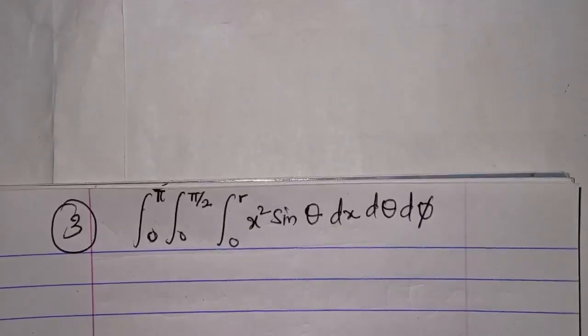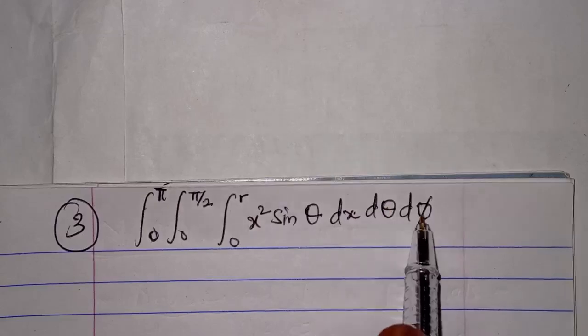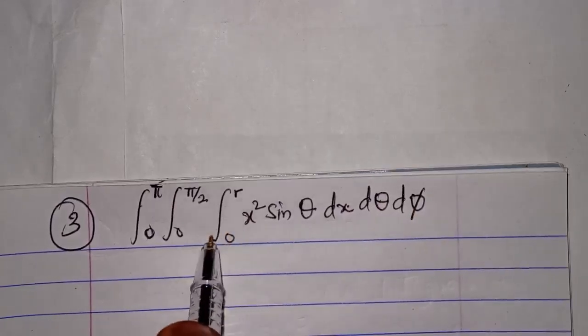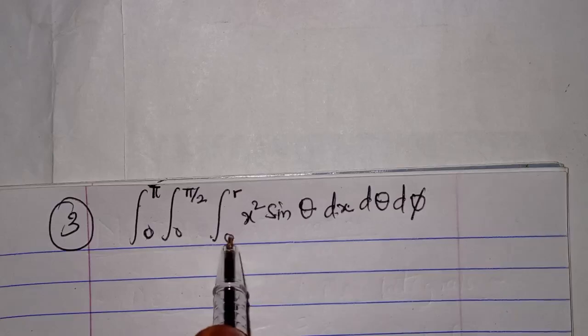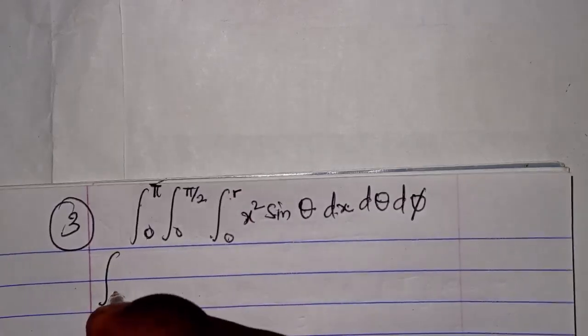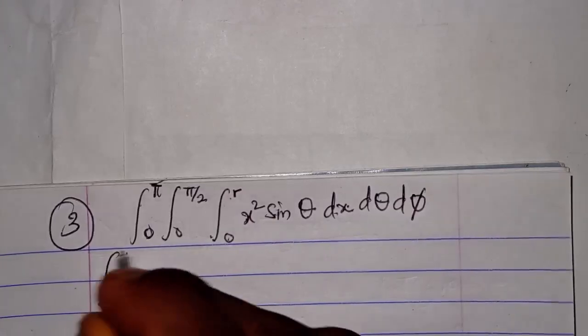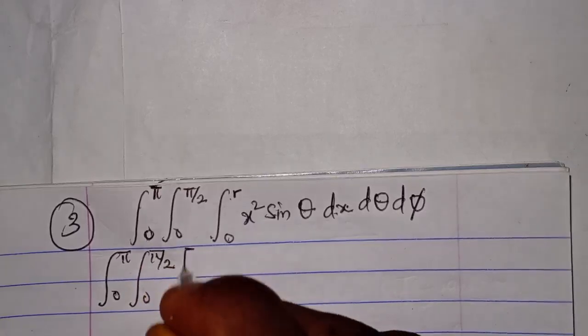Consider this triple integral. Okay, we're integrating with respect to x, theta, and phi. Let's go. We take the first one, the integral of x squared sine theta dx from 0 to r. So we have the integral from 0 to pi, from 0 to pi over 2 again.